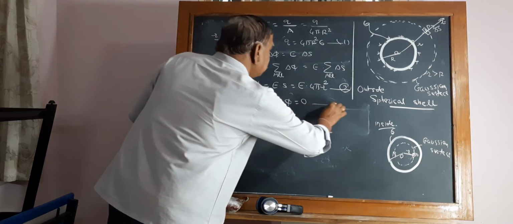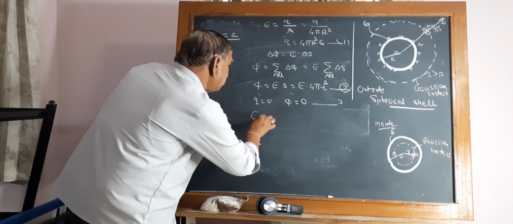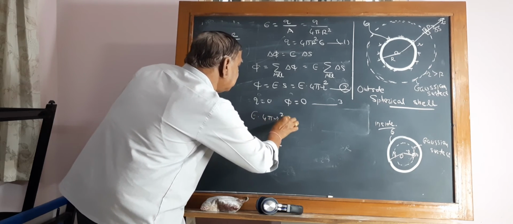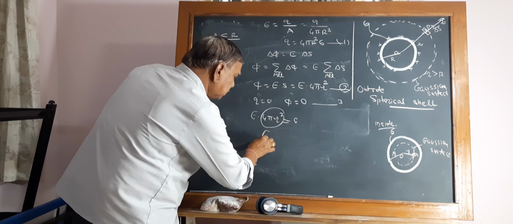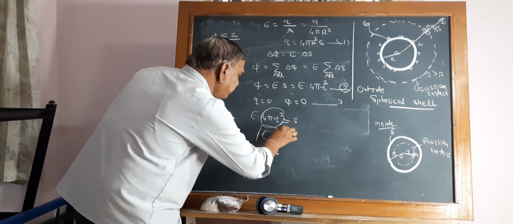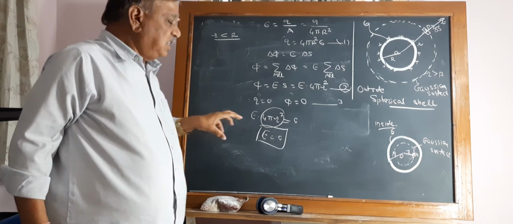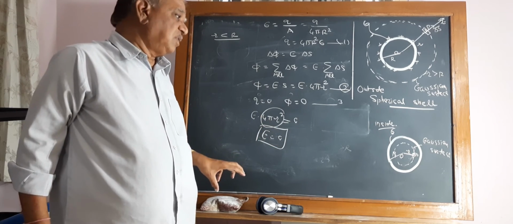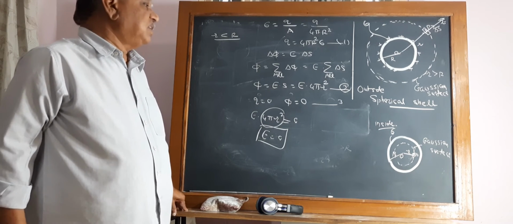Then comparing equation 2 and 3 again, it is clear that E into 4 pi r square equals 0. This can never be 0, so E equals 0. And simply we can say the field inside a spherical shell with uniform charge density is always 0.